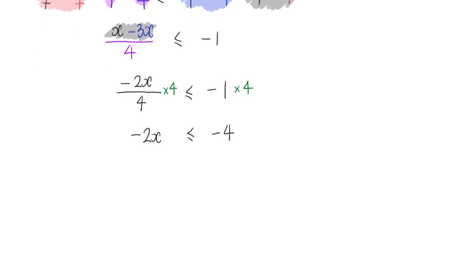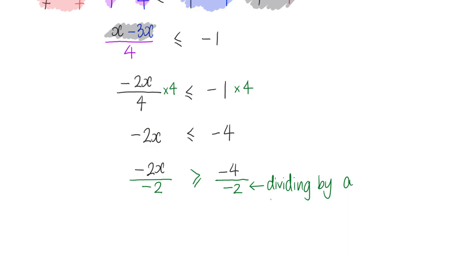Thereafter, you will see the next step will be for me to divide by negative 2. And when you do that, what will happen to the sign? Yes, it changed sign because I'm dividing by a negative value.